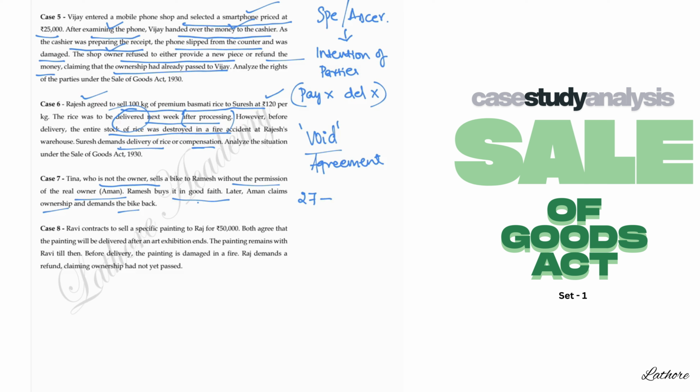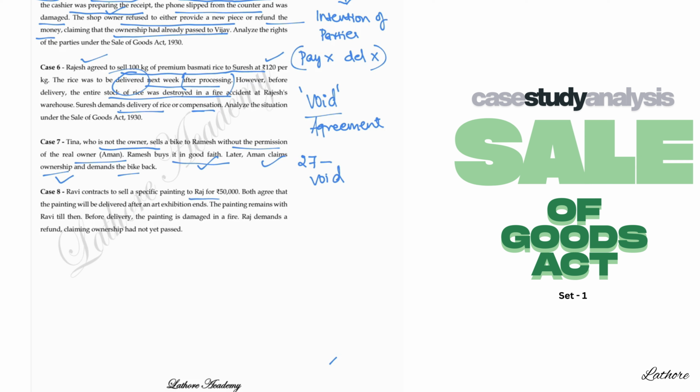Even though Ramesh has bought the bike in good faith, the sale is void because of no authority to sell, and the true owner in this case is Aman. So Aman can rightfully claim the bike back, and Ramesh's remedy lies against Tina.